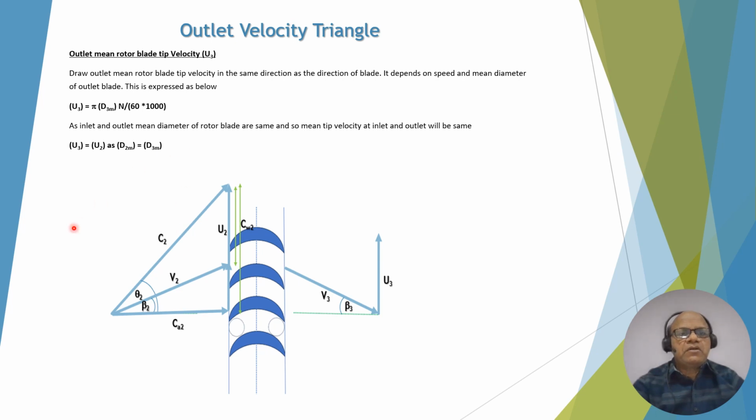Now the outlet mean blade tip velocity, that is U3. Since it is measured at the mean blade, both will be the same at inlet and outlet. So U3 is equal to U2 because the mean diameters at inlet and outlet, D2 and D3, are the same. That is why U3 is equal to U2. So you have to draw U3 equal to U2.